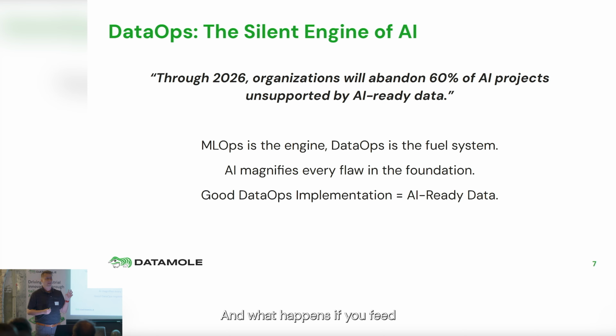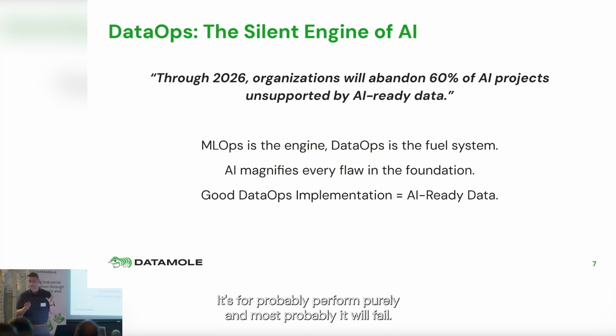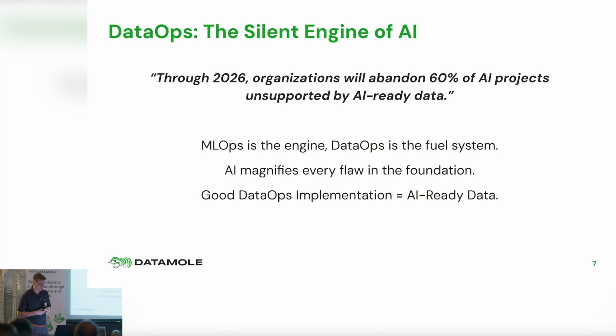And what happens if you feed contaminated fuel to such an engine? It will probably perform poorly, and most probably it will fail. Because AI magnifies all the flaws in your data foundation.